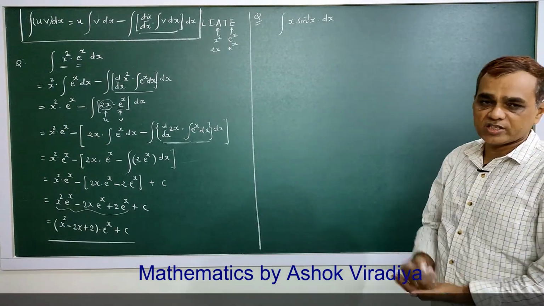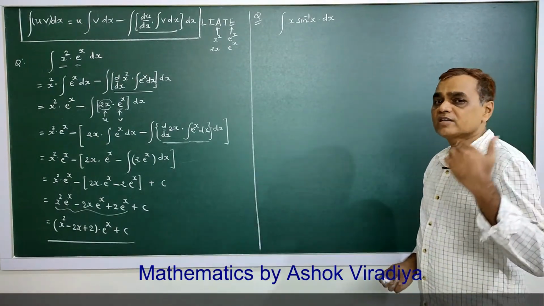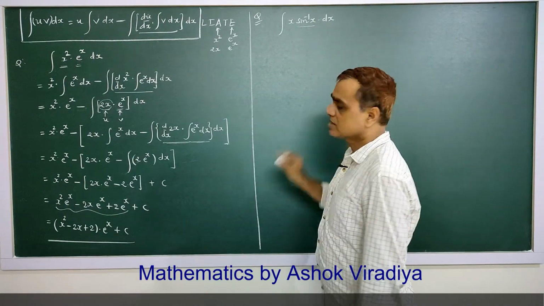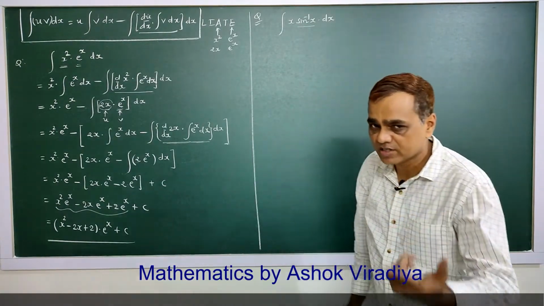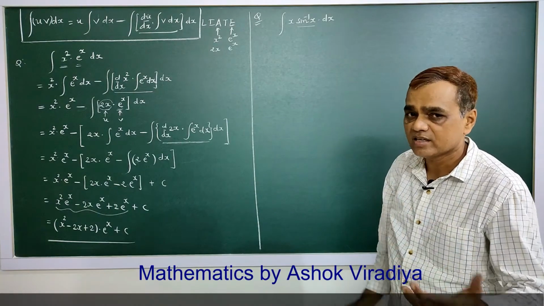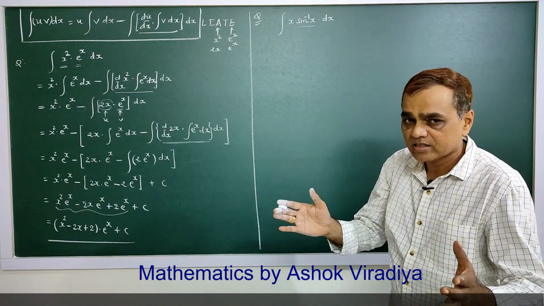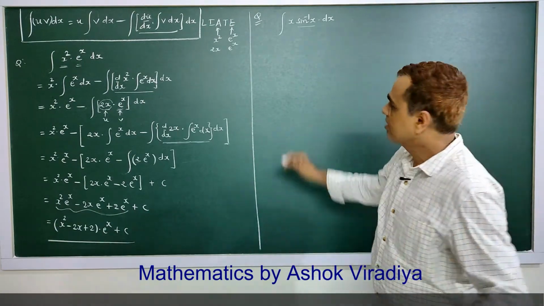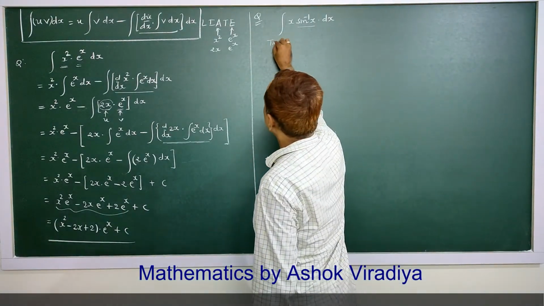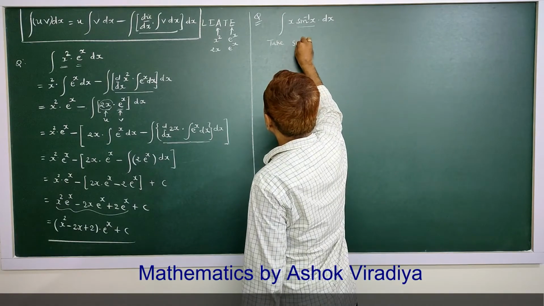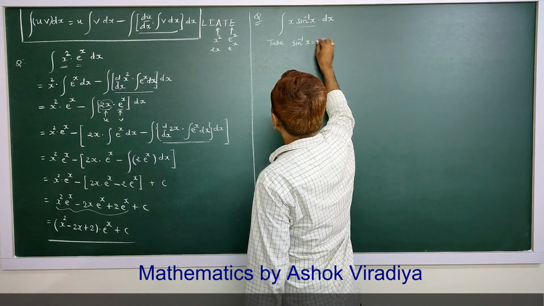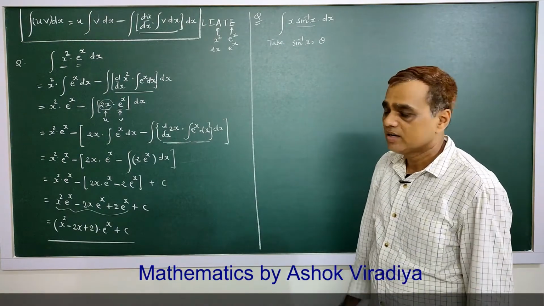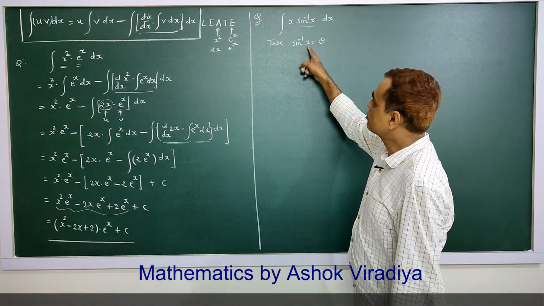Now in this question, see, whenever you find sine inverse x, cos inverse x, tan inverse x, the better way is to take help of a substitution. Here we are taking sine inverse x equal to theta.